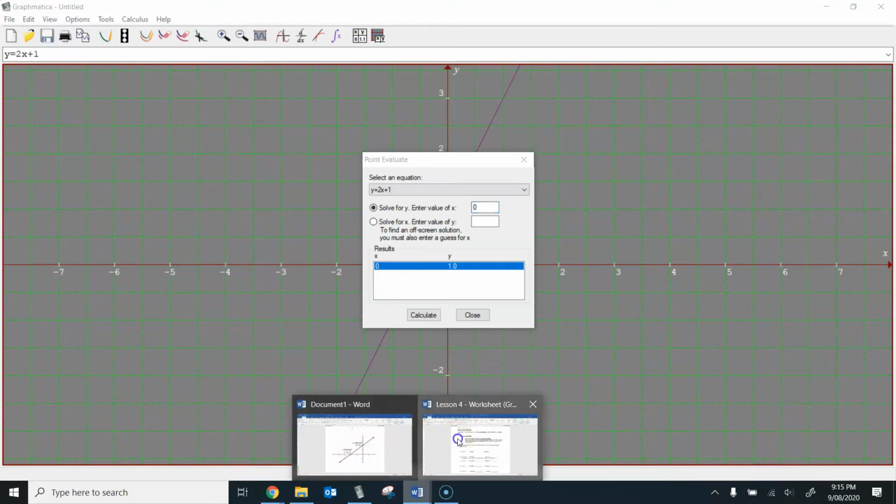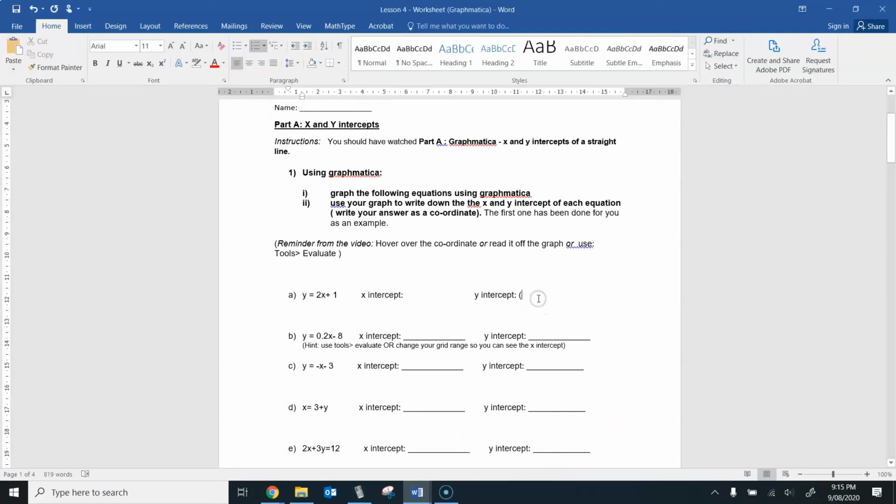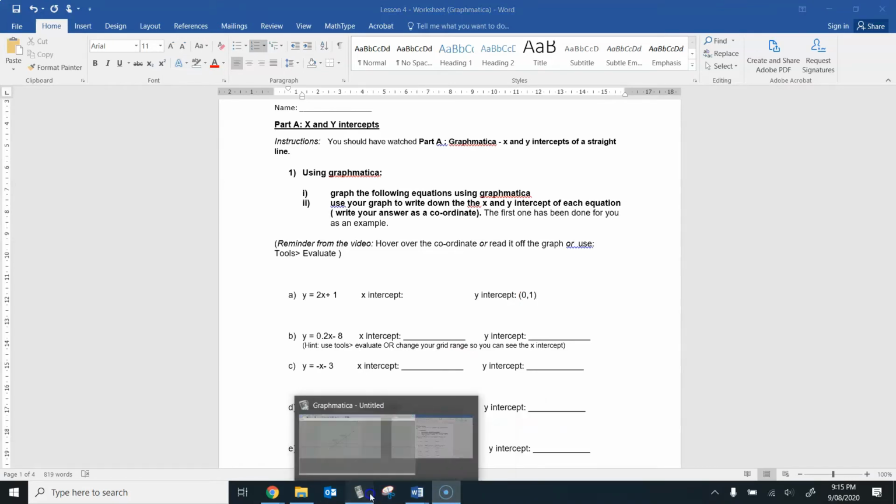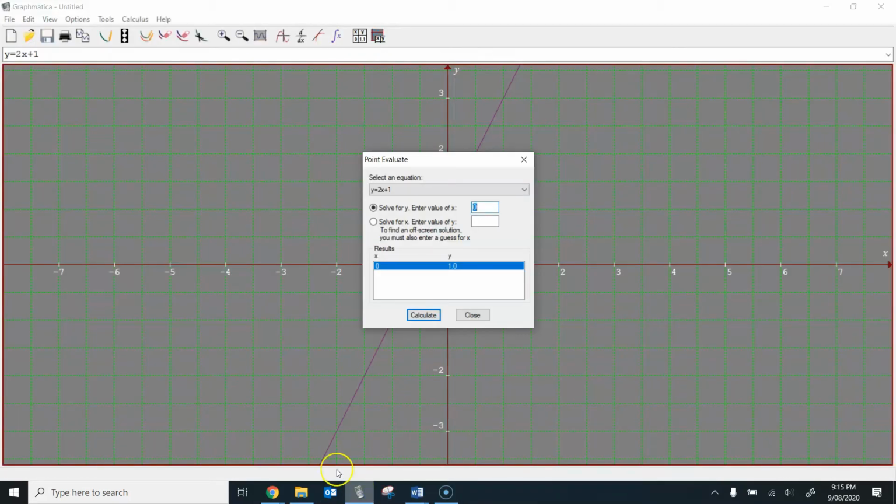So the y-intercept is (0, 1). Found our y-intercept. Again, you could have found that the other way as well. Now, how do we find the x-intercept? Well, let me get out of that, delete that.